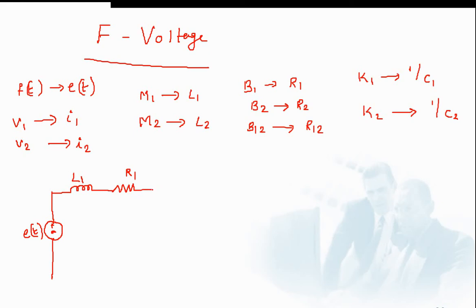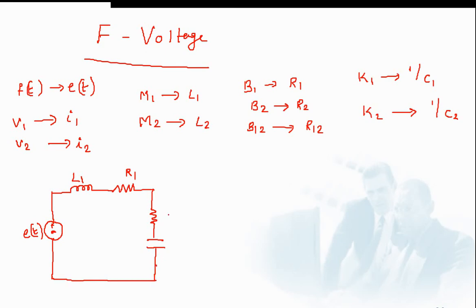So we can draw, corresponding to B12, a resistor R12, and corresponding to K1, a capacitor C1. So that is the first mesh.